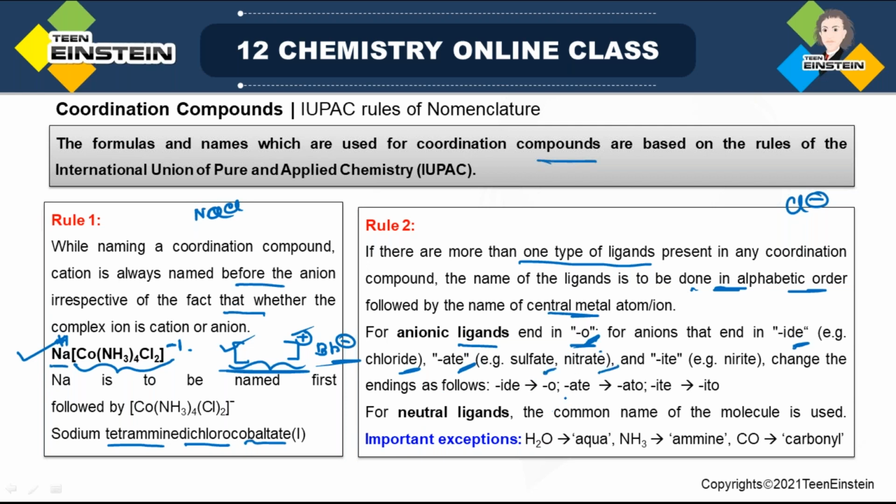So it is not that it is always ending with O. Different examples are there. When it is ide, that means chloride, bromide, now it will change to O.